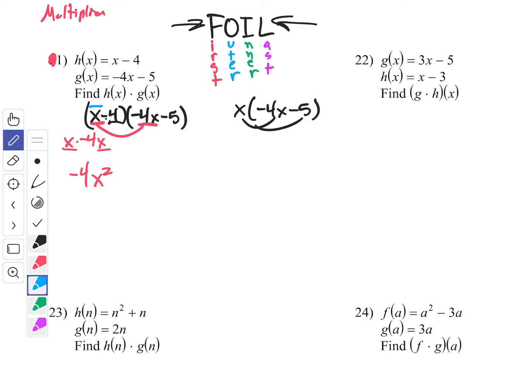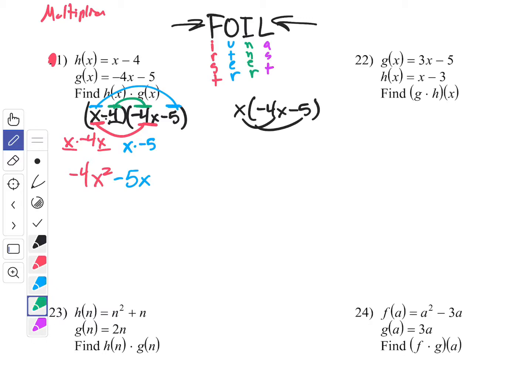Then the outer represents the 2 pieces on the outside. So that would be x times negative 5, which would be a negative 5x, or minus 5x. The inner is the two pieces in the middle. I guess I forgot to draw the combining line.